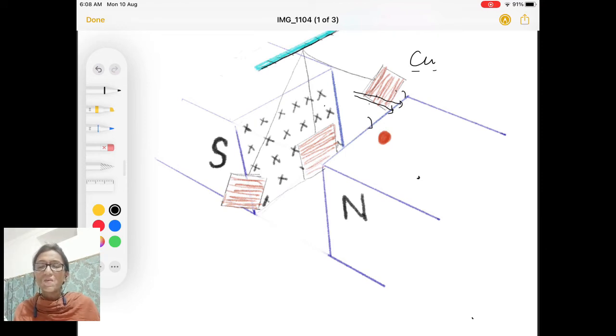Now the direction of the eddy current will be such that it will oppose this increase of magnetic flux, so a magnetic field will be generated in the opposite direction. Now you can find the direction of current using your right hand thumb rule. If you place the thumb of your right hand in the direction of the produced magnetic field, then the fingers will curl in this direction, and this is the direction in which eddy current will be flowing.